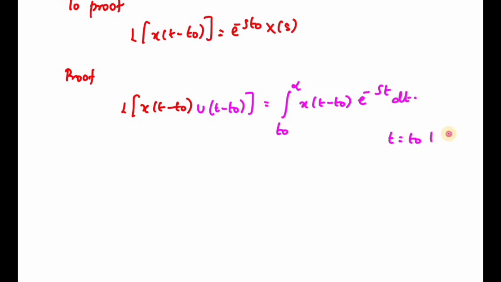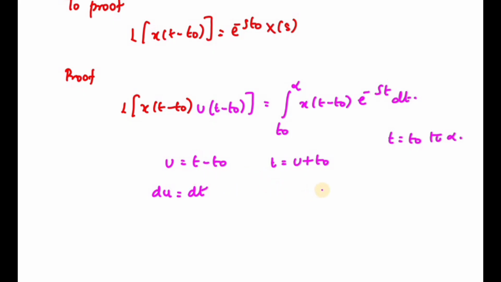Here t ranges from t naught to infinity. If I consider u is equal to t minus t naught and differentiate, I will get du is equal to dt. So t is equal to u plus t naught.